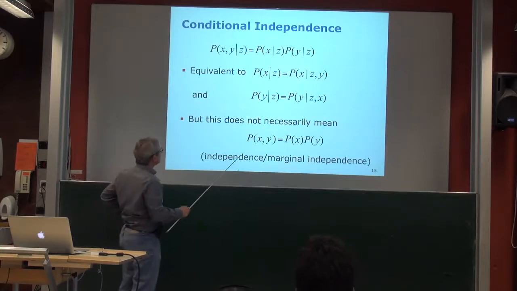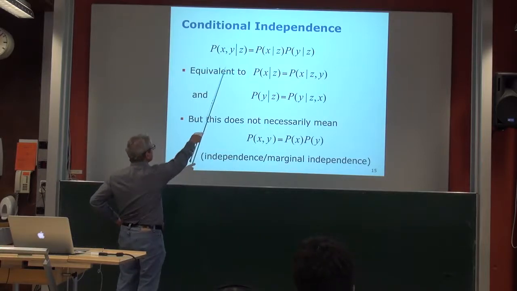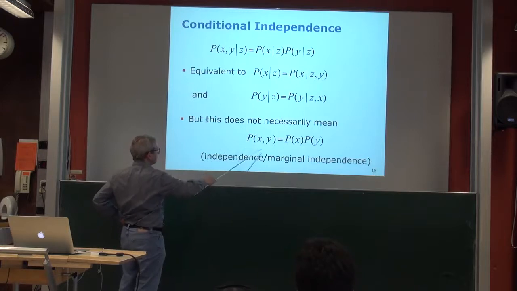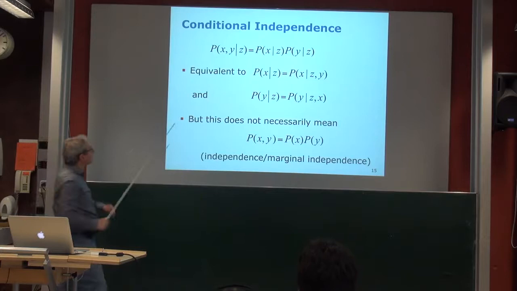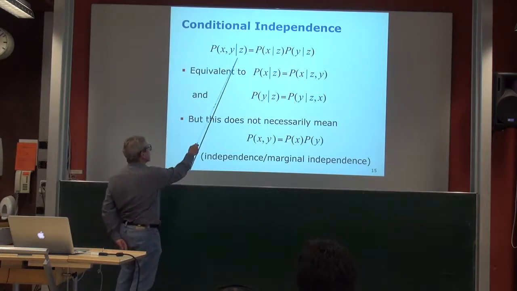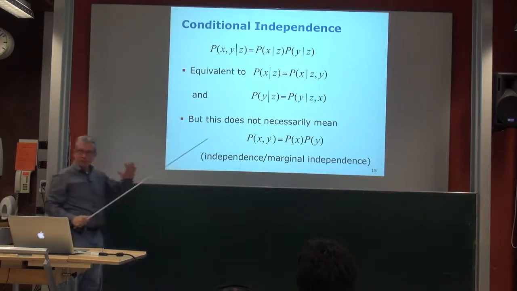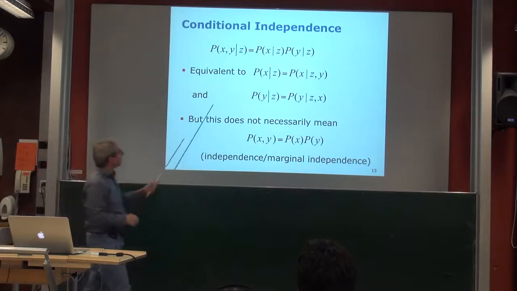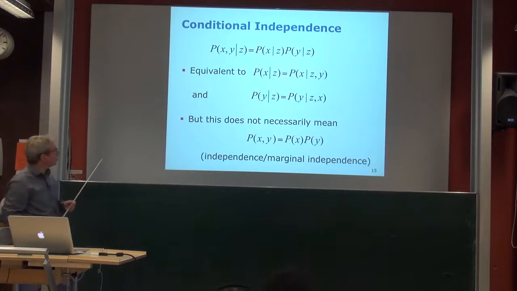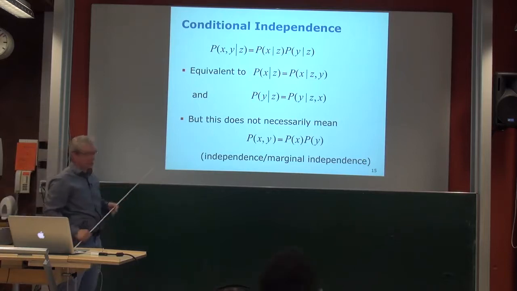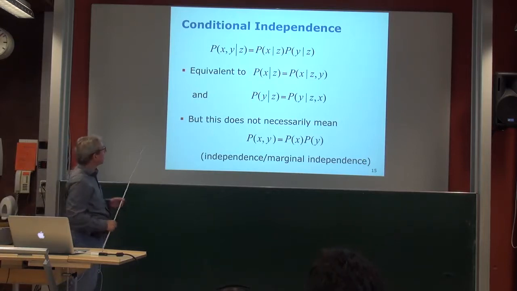This doesn't necessarily mean that when you have this information, x and y are also conditionally independent. It could be that knowledge about z actually introduces independence between x and y. So you need to very carefully think about these independence assumptions, or dependencies.